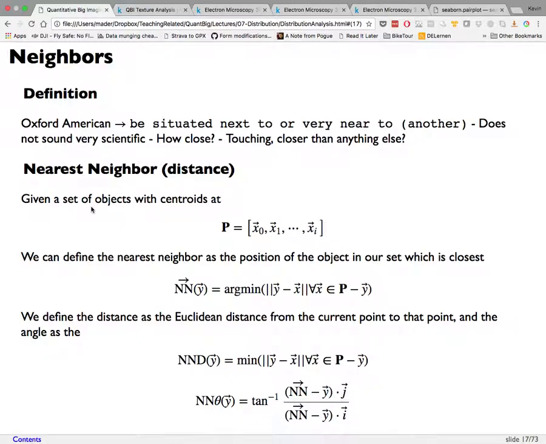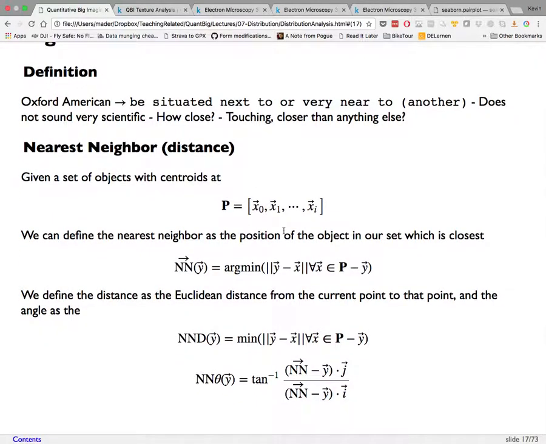Given a set of objects with centroids P at x0, x1, x2 through xi, we can define a nearest neighbor very easily. The nearest neighbor is simply the other object in your list that's closest to your current point.